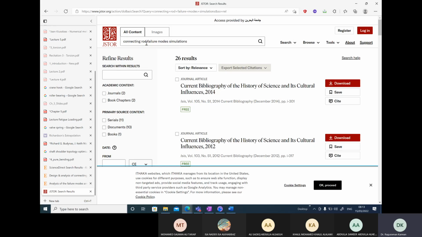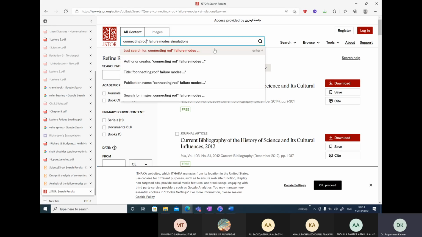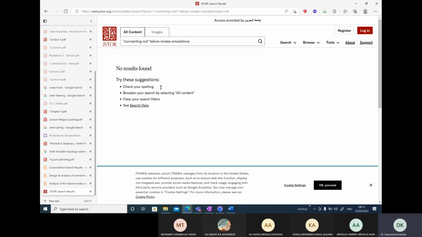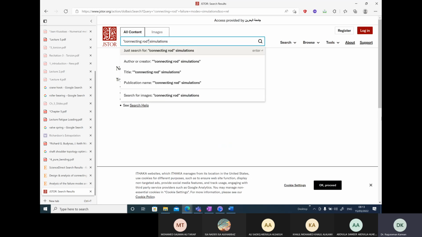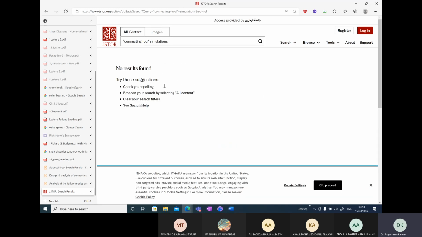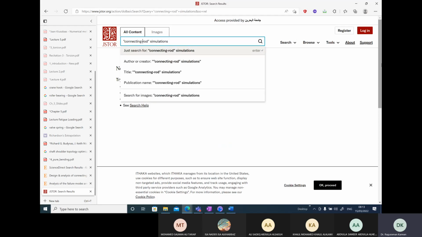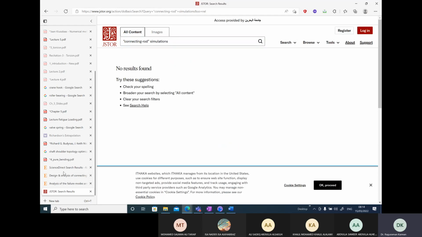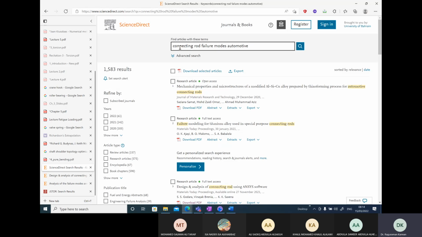Okay, so in that case, let me put a quote mark around it, so that will force the system to search. So we don't have any paper associated in this particular website. We don't have anything related to connecting rods. But in general, ScienceDirect could be a very good resource for you. Okay, is it clear?